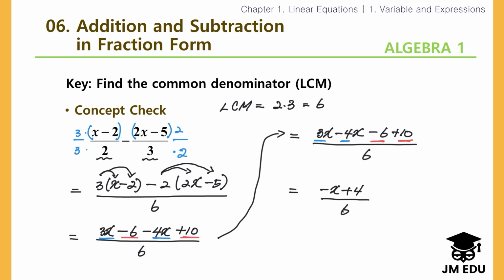Plus 4 over the denominator 6. Okay, so this is going to be our final answer for this expression. Or we can write this negative in front of all of this fraction, just like this.